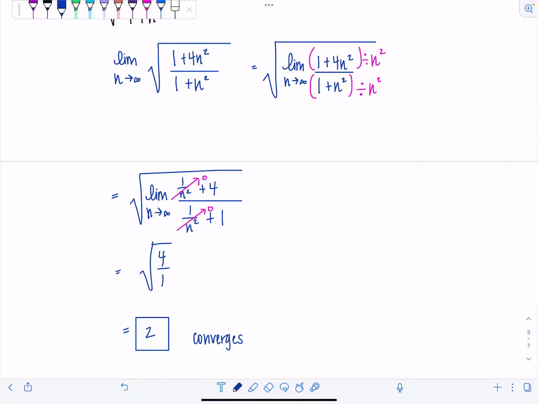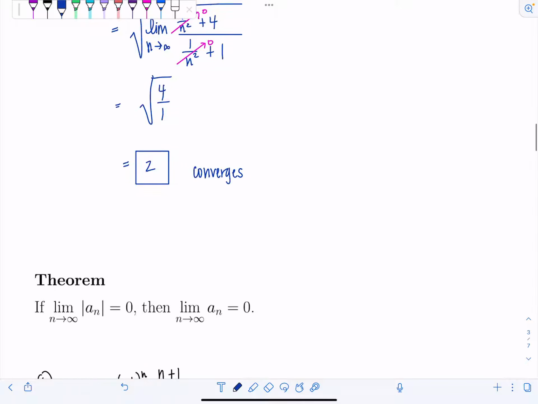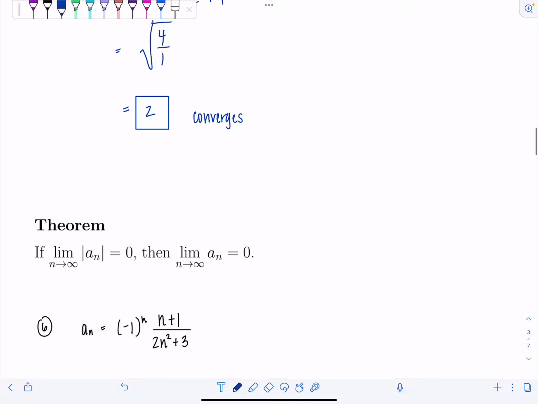Okay, now before we move on to the next couple examples, I wanted to remind you of a theorem. It states if the limit as n approaches infinity of the absolute value of a_n is equal to 0, then the limit as n approaches infinity of the original a_n without absolute value is also equal to 0.